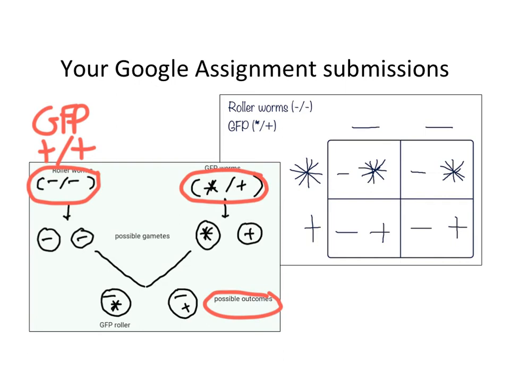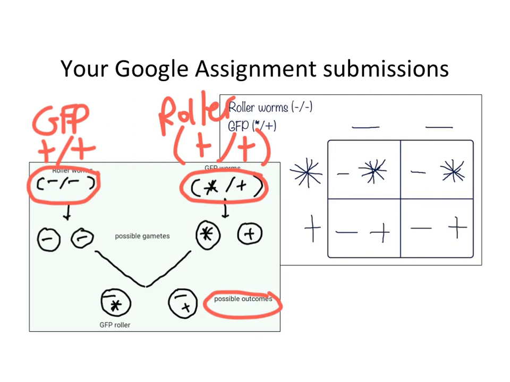Heterozygous. It could be heterozygous. The default assumption is always that if we're not giving you information about a gene, that it's wild type. So this worm at the roller gene locus is wild type.